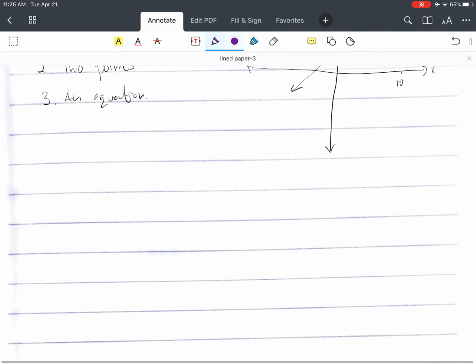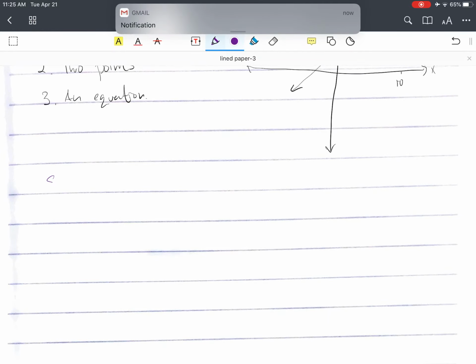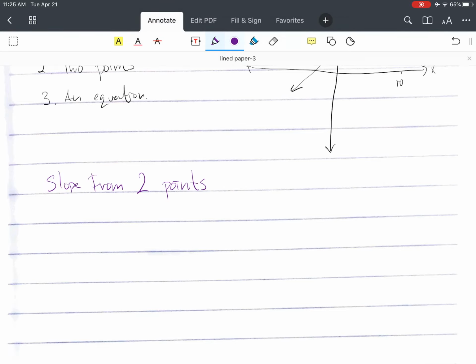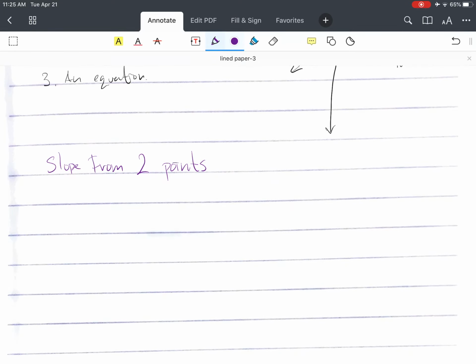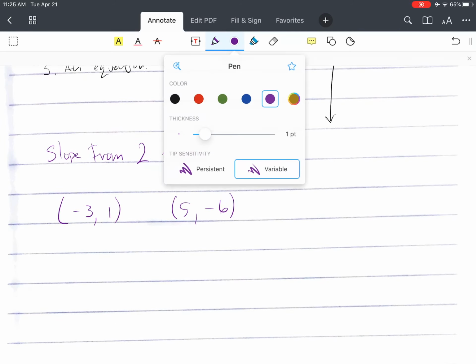Moving on, suppose we want to find the slope from 2 points. And I'm just going to use negative numbers here. So suppose one of my points is (-3, 1), and my other one is (5, -6).